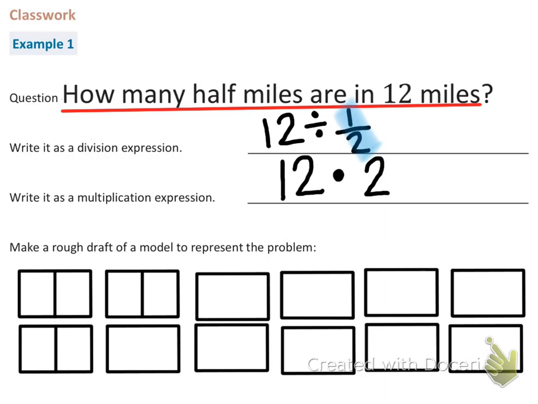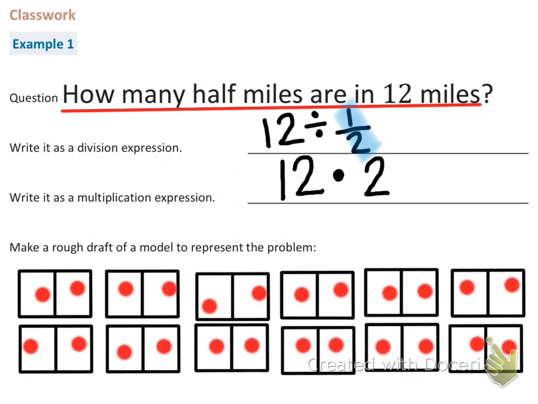Notice every time I'm dividing, I'm doubling. Okay, now I'm going to count all my parts. 1, 2, 3, 4, 5, 6. I'm going to keep going, and we have 24 equal parts. So I know that 12 divided by 1/2 equals 24.